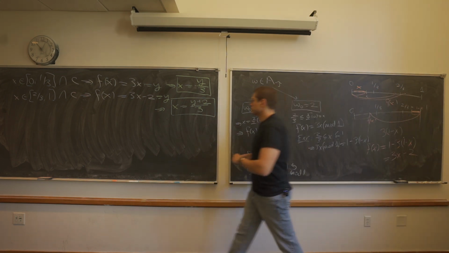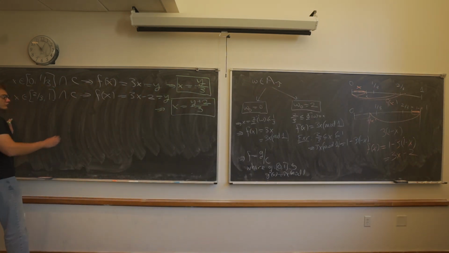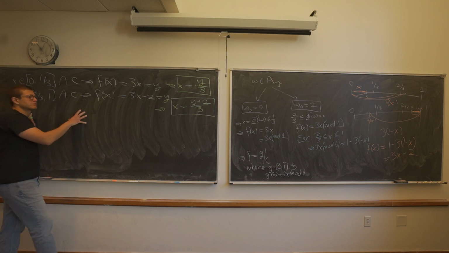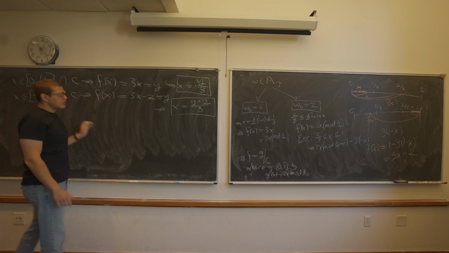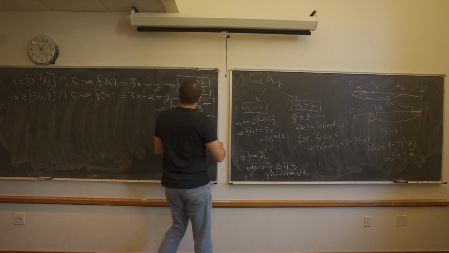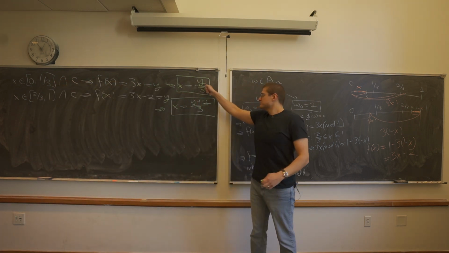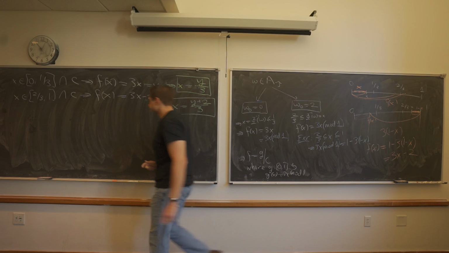Okay, it's good. Because recall, now I hope you're starting to see the connection between all this business and B-IFSs. Because C is the attractor of the B-IFS, where the first function is this, and the second function is this.